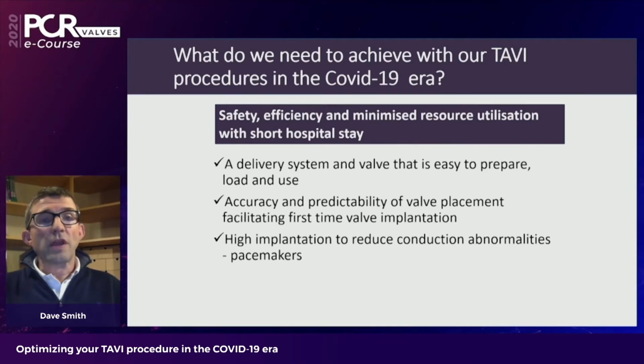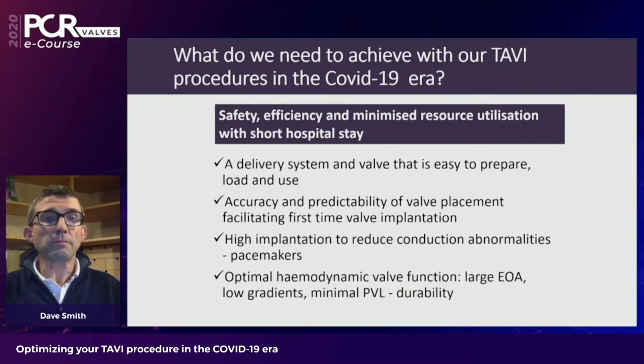We want to facilitate, wherever possible, high implantation locations to reduce conduction abnormalities, and particularly the use of permanent pacemaker implantation. And looking somewhat to the future for the durability of the valve, we want to, wherever possible, optimize hemodynamic valve function with large effective orifice areas, low gradients, and minimal paravalvular leak.